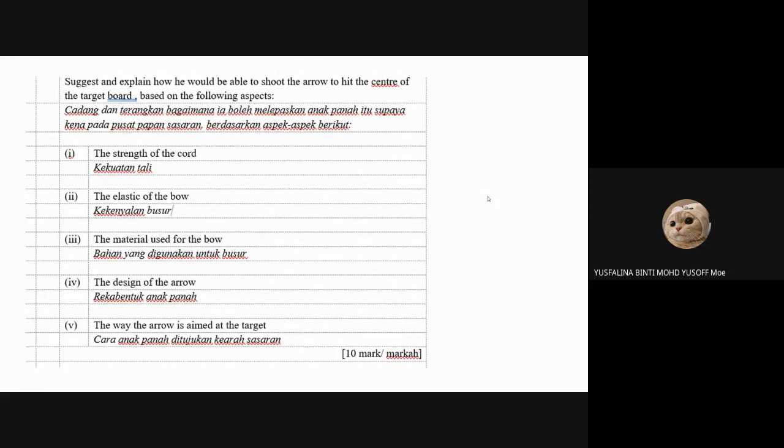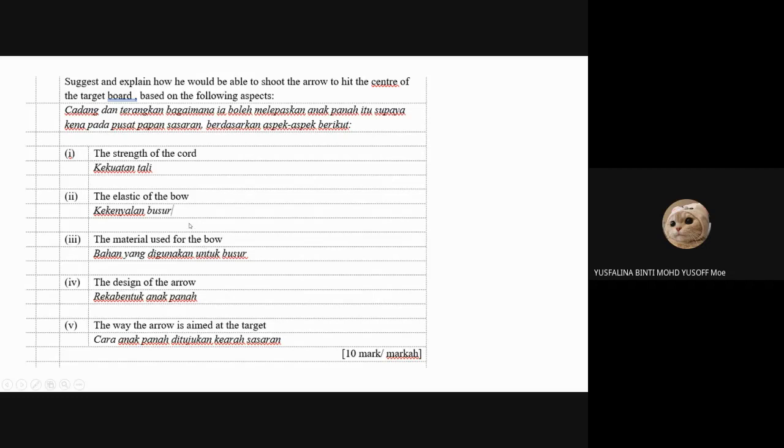Let me remind you, in exam, they will not give you all this, 1, 2, 3, 4, 5. You have to think on your own. They will not give you the strength, the elastic, the material. They will not give you the idea.